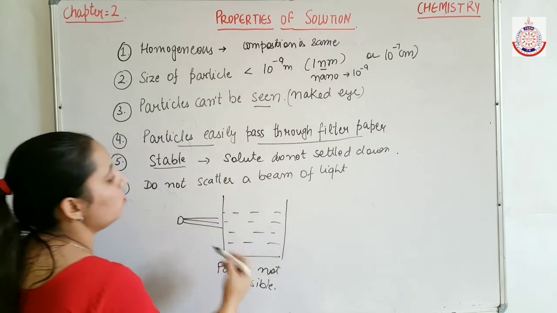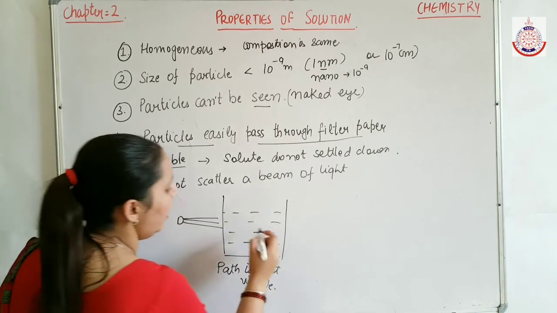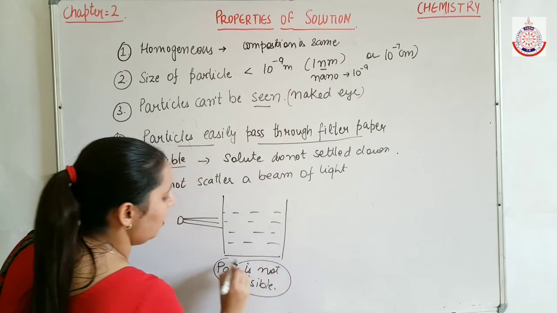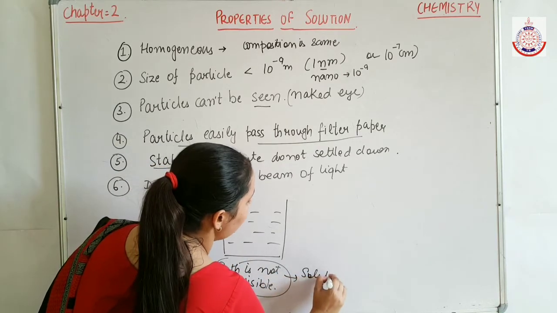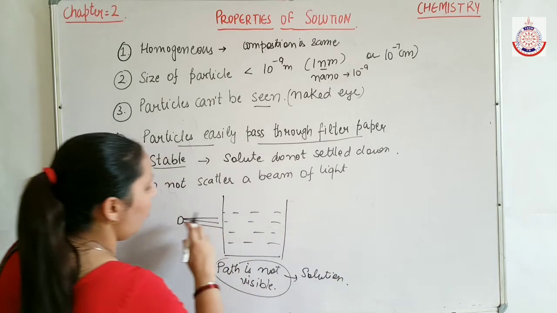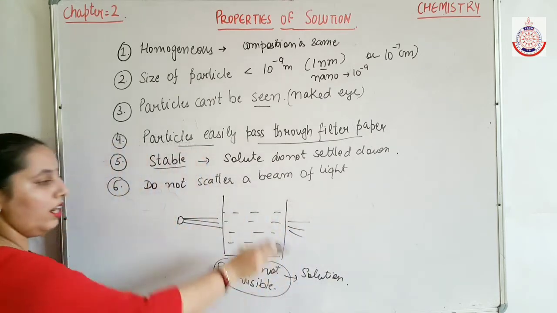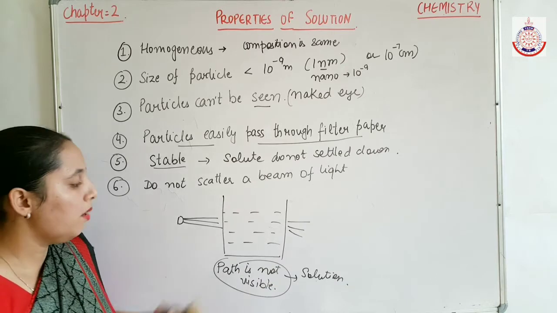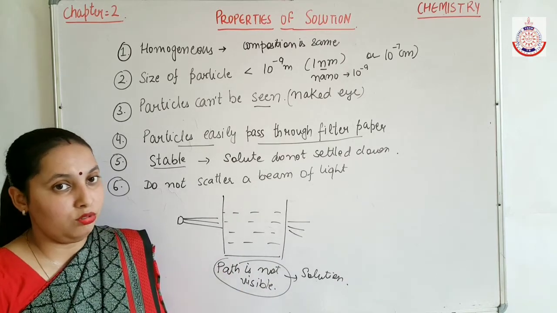Because the particles of the solution do not scatter the beam of light. So the path of the light is not visible through the solution. You are not able to see the path of the light. These are the properties of the solution.